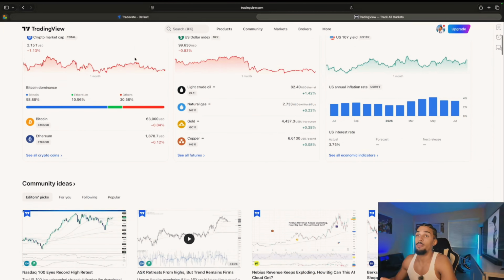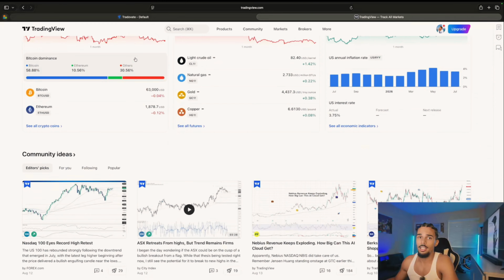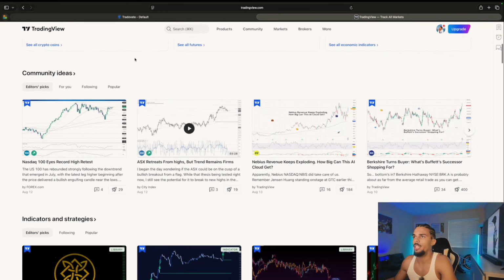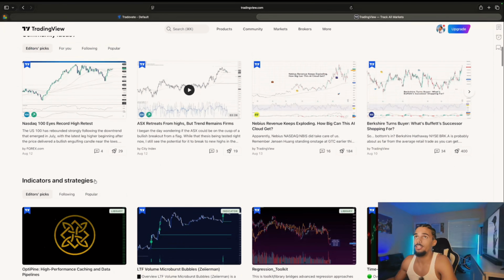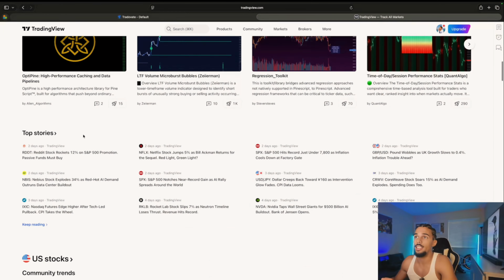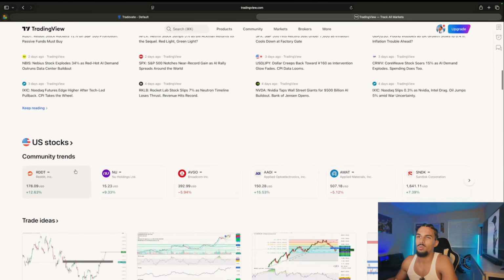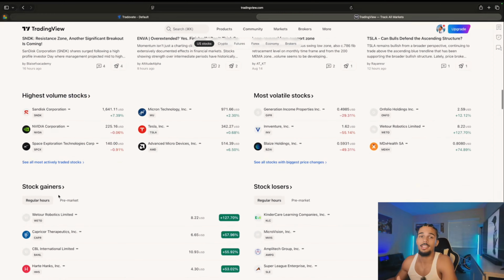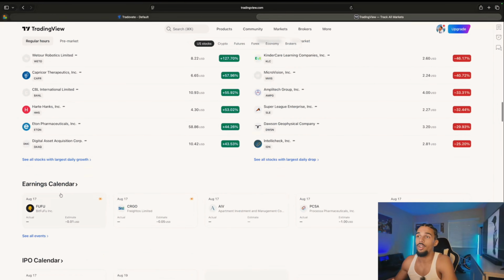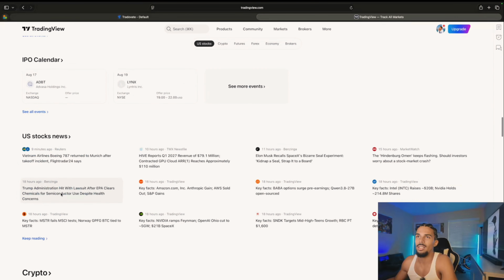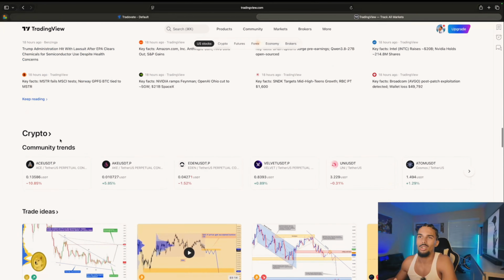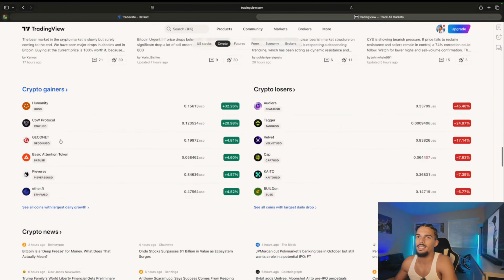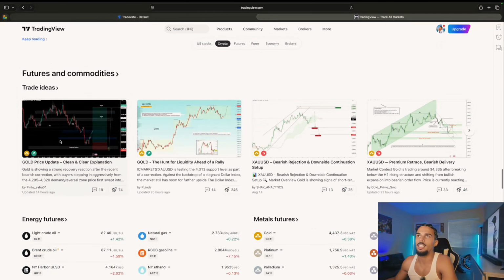TradingView's homepage is honestly amazing. It has so much information, from indicators and strategies, community ideas, to top news, what the stocks are doing, trade ideas, highest volume stocks, stock gainers, earnings calendars, IPO calendars, stock news, crypto, more trade ideas. It feels endless. Futures and commodities trade ideas.